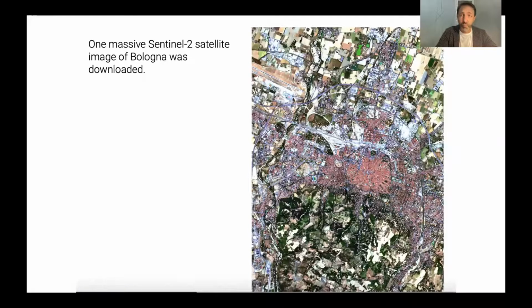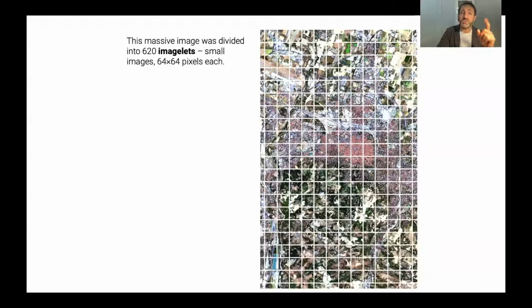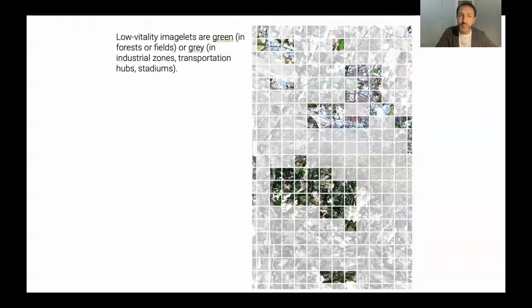For Bologna, one massive image of satellite data was downloaded, one. This one image we then divided into 620 imagelets, little images of 64 by 64 pixels. And why can we extract vitality from these little images?